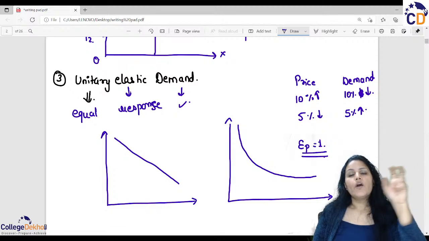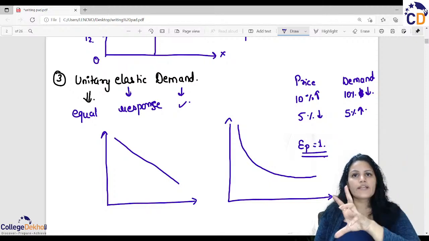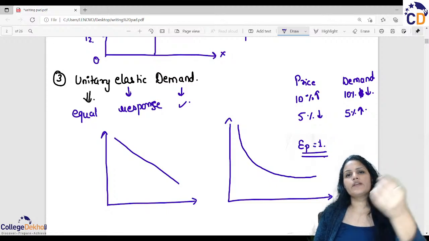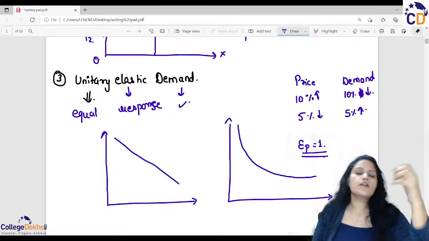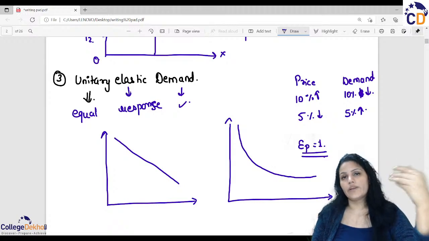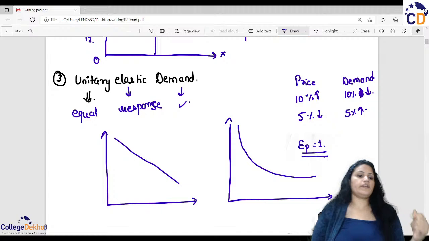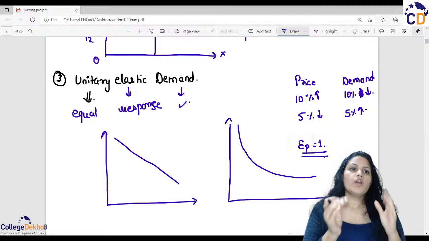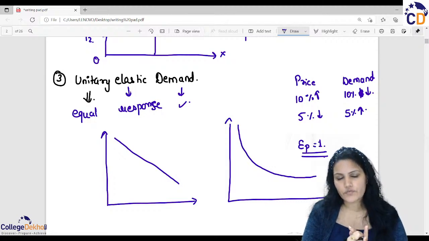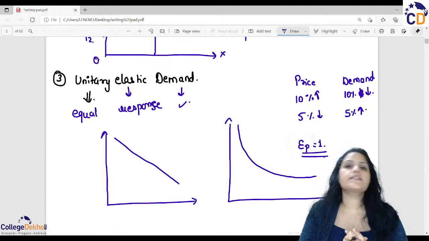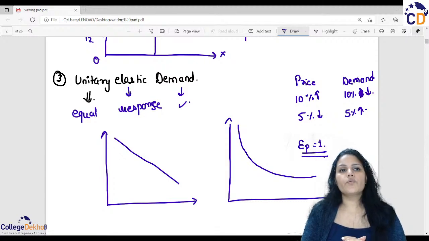So when you put yourself in an example, you're going to understand this concept within a second. When you are a buyer, what do you want? You want to buy in a very low price and in a larger quantity. So this is the main concept behind demand. So in terms of elasticity of demand, in different situations, what is the relationship between the price and the demand?